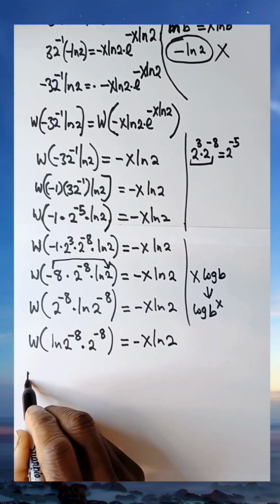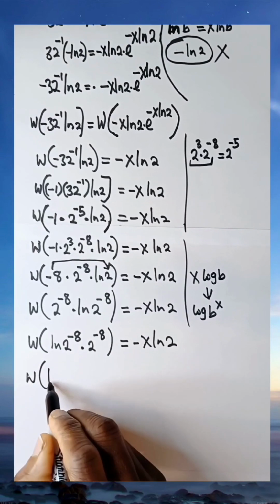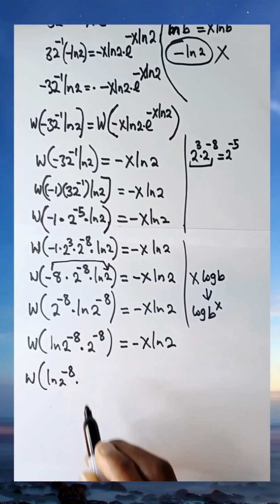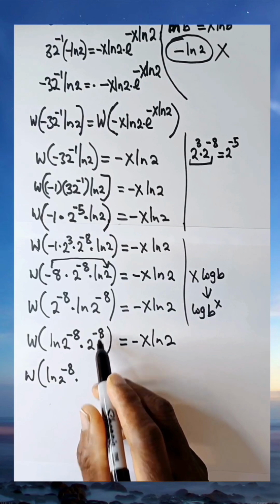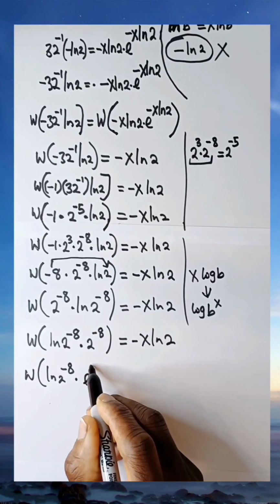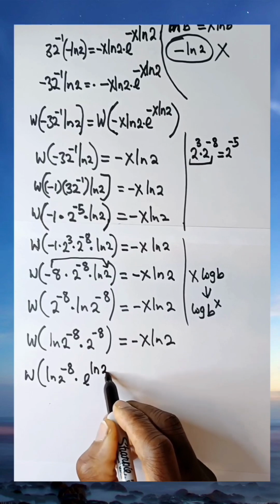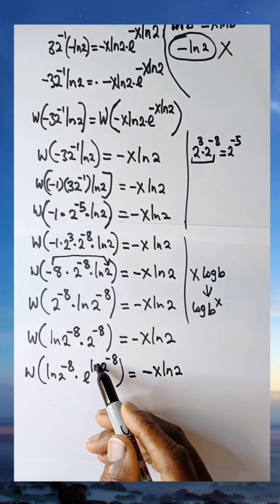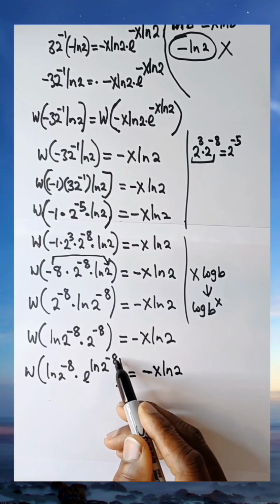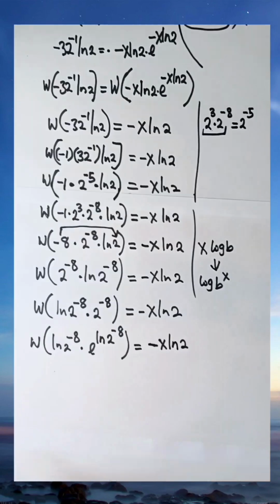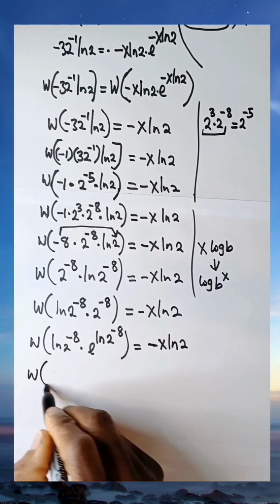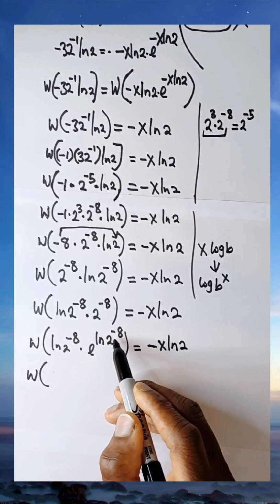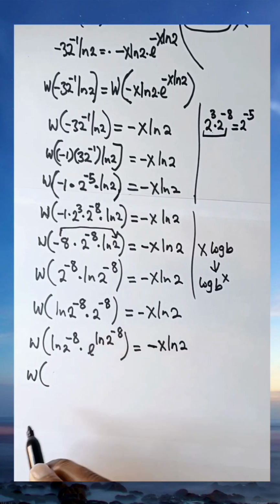So we will have the Lambert W of ln 2 raised to the power of minus 8 times, we are going to write 2 raised to the power of minus 8 as e raised to the power of the natural log of 2 raised to the power of minus 8. Again, e and natural log will cancel out. We'll be left with 2 raised to the power of minus 8, which is the same thing as this. So we will have the Lambert W of, here, this power of minus 8 will come to the back, and also here, this power of minus 8 will come to the back.